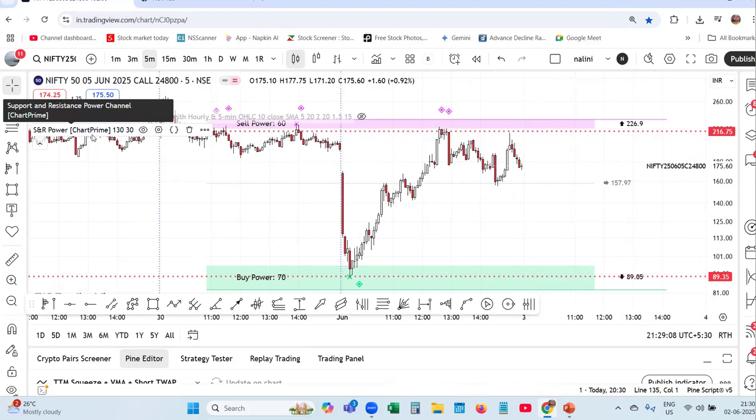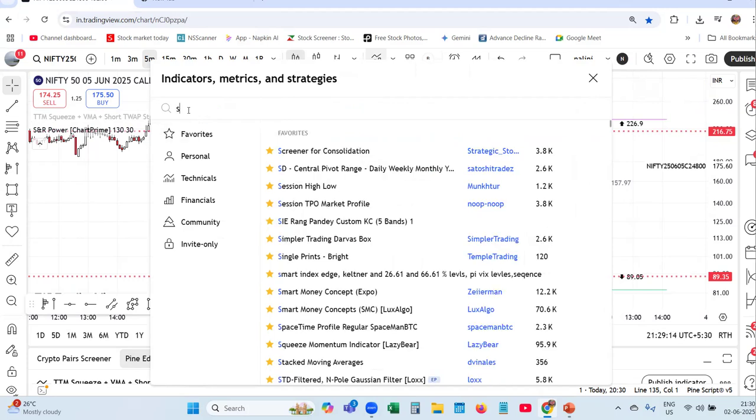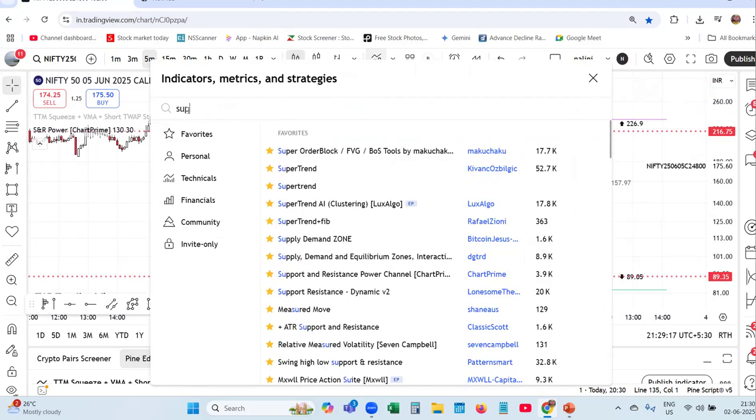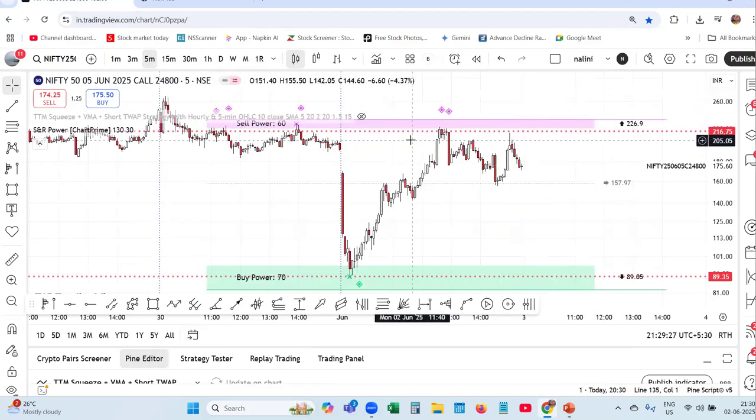Support and resistance, power channel by chart price. If you go there, if you type community script, support and resistance by power channel by chart price. What it is giving is dynamic support.